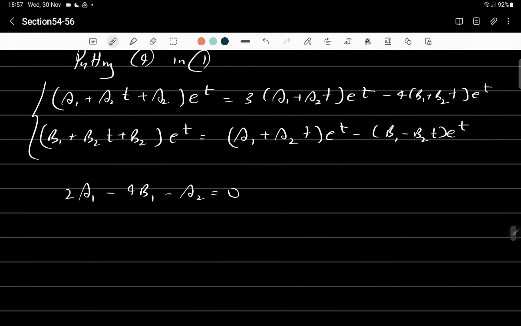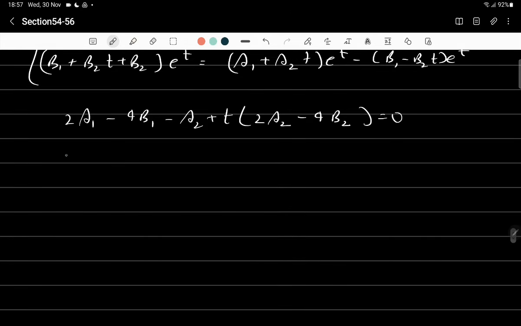If you solve with respect to t, you get 3a2, and this side also a2 is there, so 2a2, then minus 4b2 t, so minus 4b2, and a2 has already been taken on this side. So if you compare the coefficients, you will get 2a2 minus 4b2 is equal to 0, and similarly 2a1 minus 4b1 minus a2 is equal to 0.